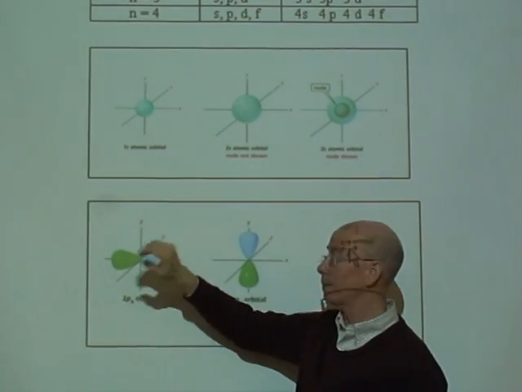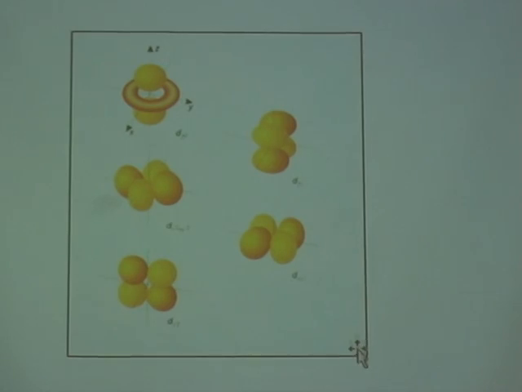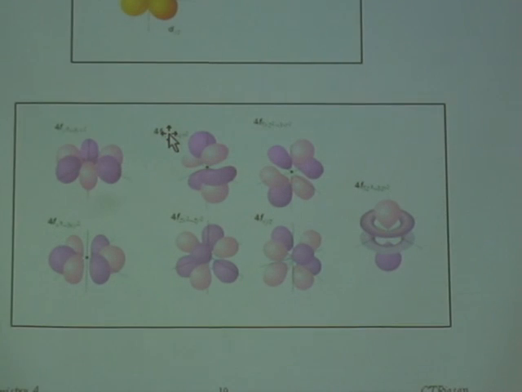S has one orbital, p has three. Here you can see that the d sublevel has how many orbitals? 5 different orientations, each representing an orbital where electrons can exist. And that would start in the third energy level, because you'd need 3 sublevels, the 3s, the 3p, and the 3d.